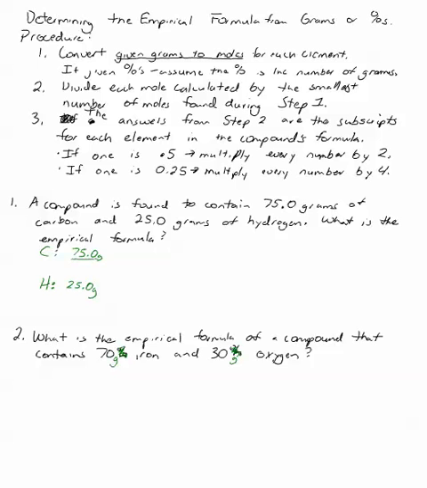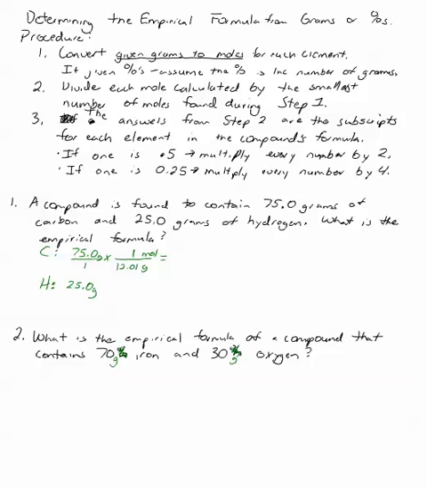The first thing we do is take that given and put it over 1. Put what we want to get rid of on the bottom, grams, and we want to convert to moles. Now we look at the periodic table to see how much carbon weighs: 12.01 grams per 1 mole. It's always grams per 1 mole.